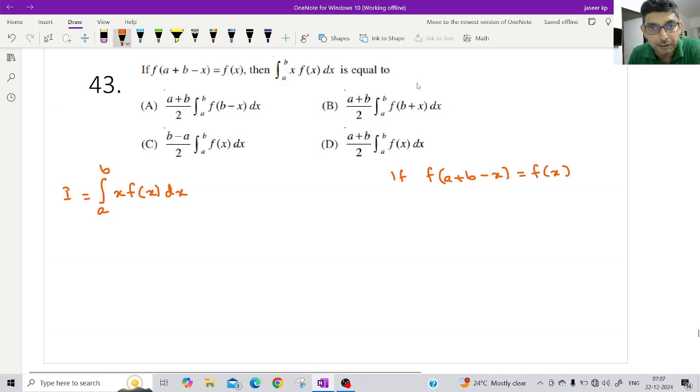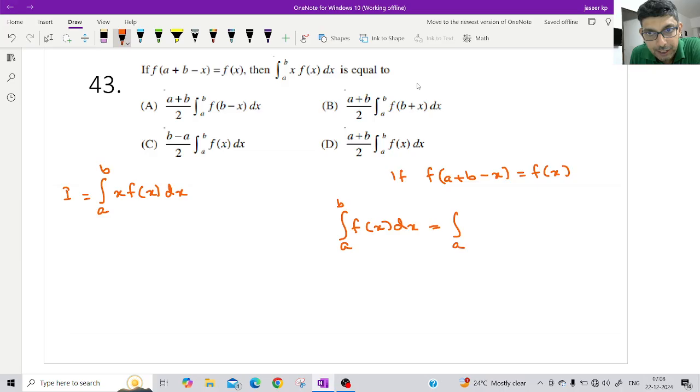Using the property integral a to b f of x dx equals integral a to b f of (a + b − x) dx, I can be written as integral a to b of (a + b − x) f of (a + b − x) dx.